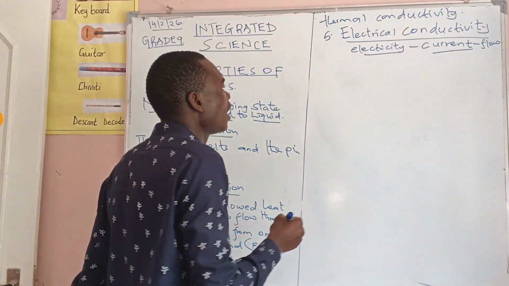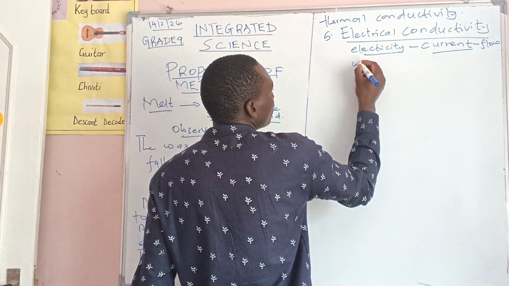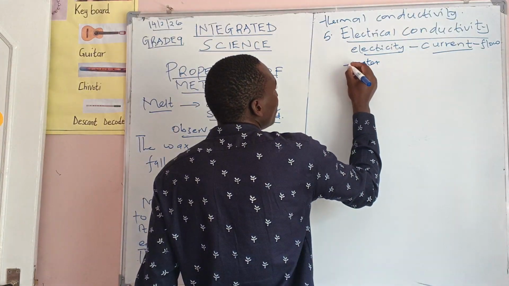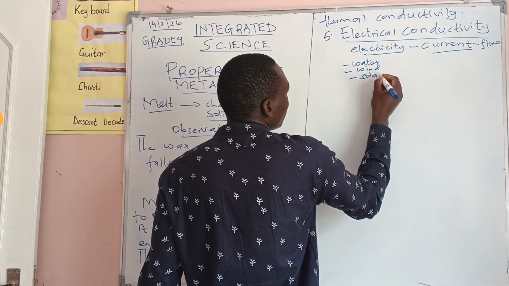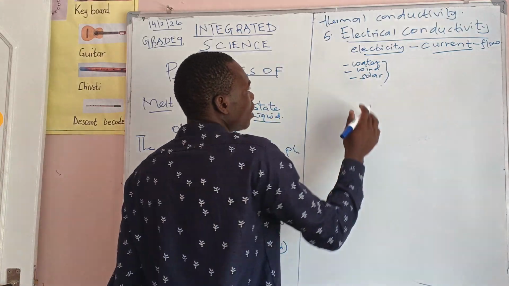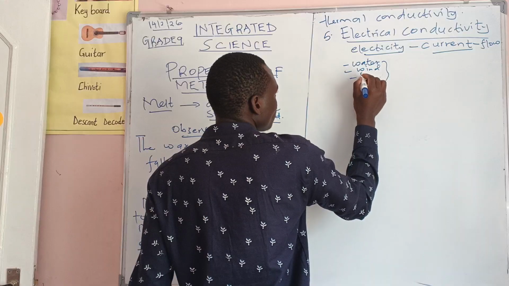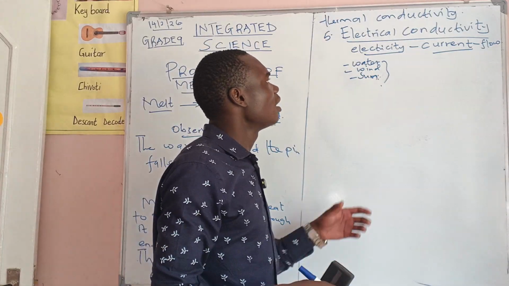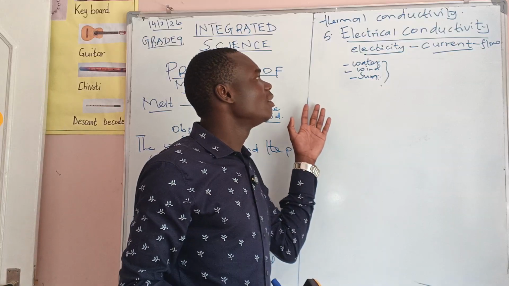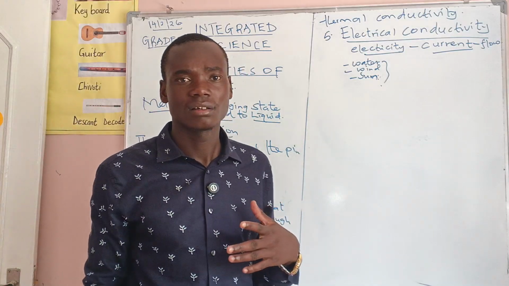And the source we talked about: water. Water is where electricity comes from, wind or solar. So you get all this, sun for the solar.